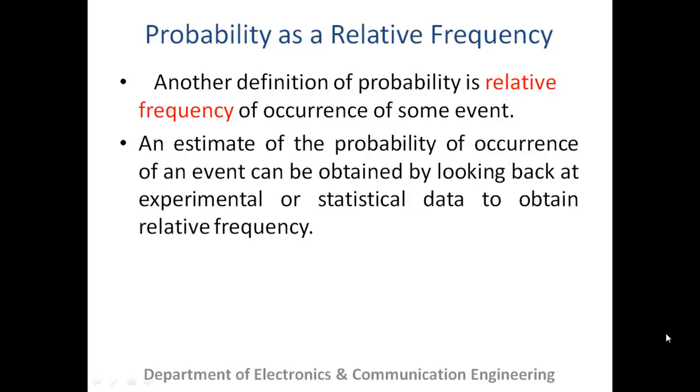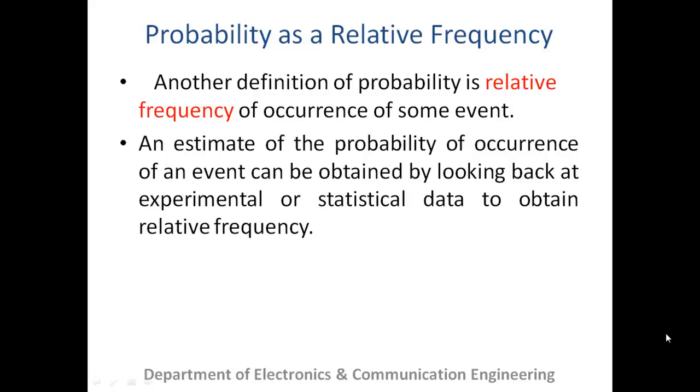As an example, if we toss a coin, the probability of occurrence of head, or of tail, is equal to 1 by 2, because the number of chances of occurrence of head in tossing a coin is 1, and the total possible outcomes are 2. So the ratio of the two yields 1 by 2. So we say the probability is 50%.